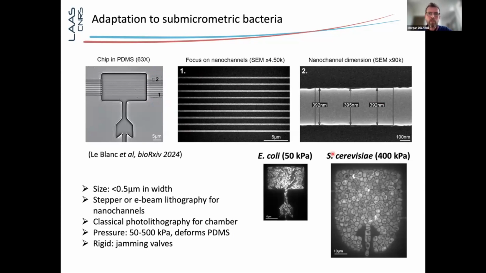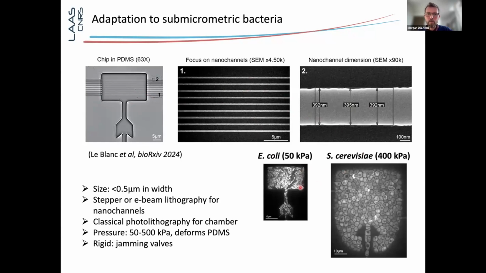Depending on the type of device, we used either the stepper technology, which is a way to zoom and project a shadow of what you want to design onto a mask, or e-beam lithography, where you can go very, very small in terms of resolution. We built very small, 400 nanometer, and even 300 nanometer channels that are macrometric in length, and that we were able to mold in PDMS.